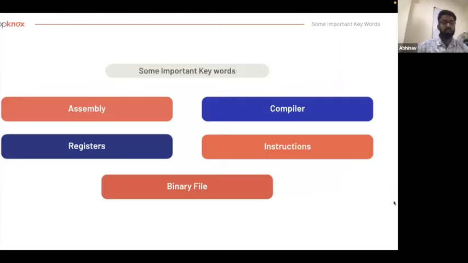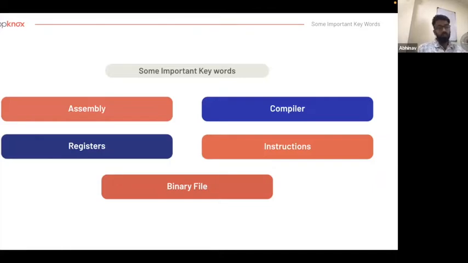So before we get started with the concept or performing reverse engineering, let us look at some keywords that we are going to come across for the remainder of this slide and what they mean. So the first thing is assembly. Assembly is a mnemonic that translates machine level code.